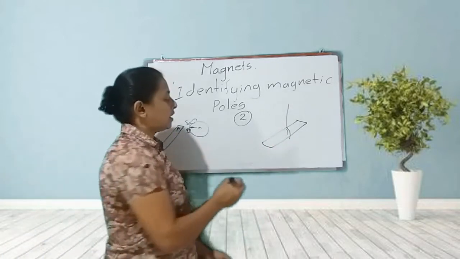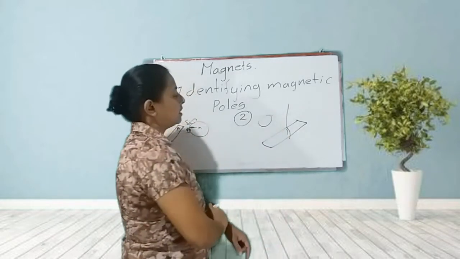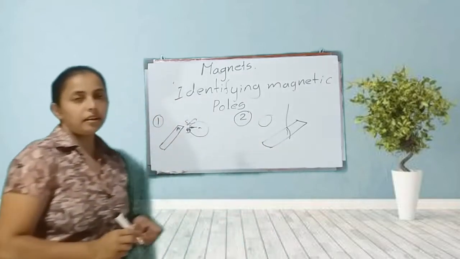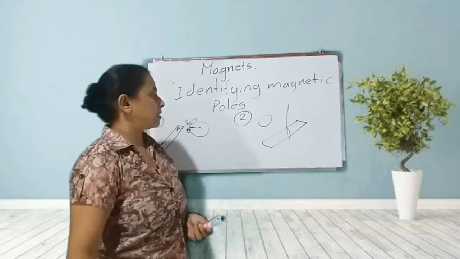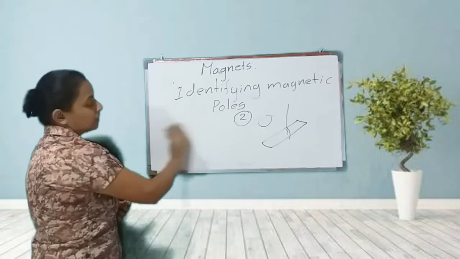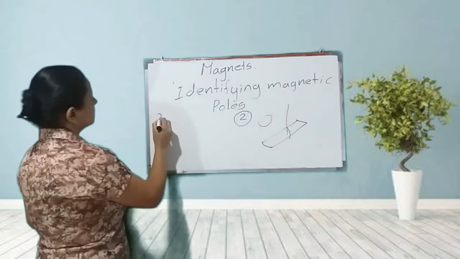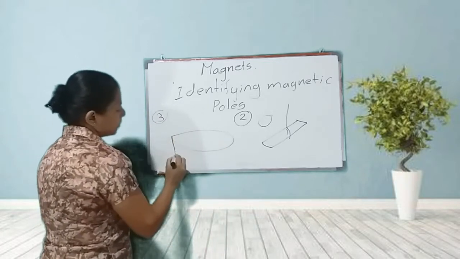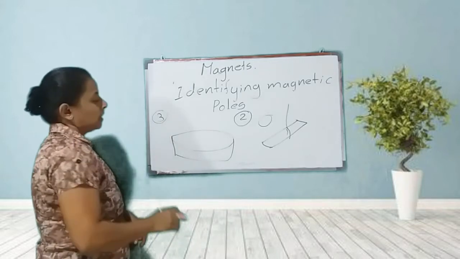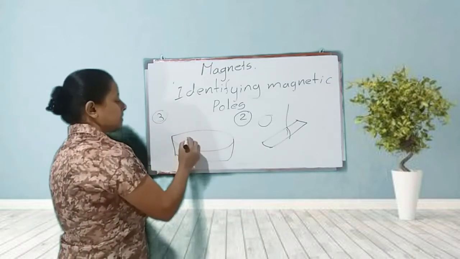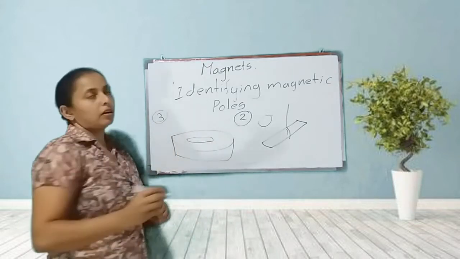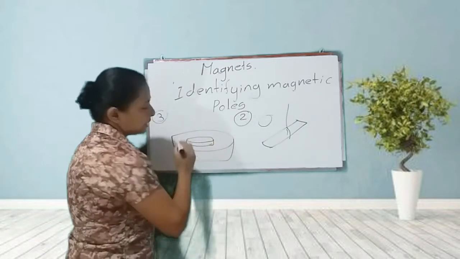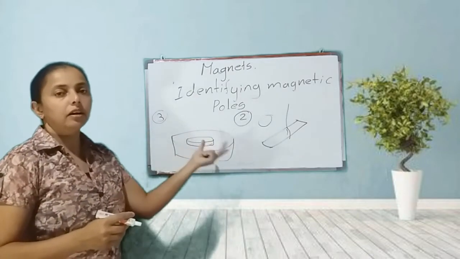We can identify using a compass which is N and which is S. Third one, we use a water basin and take a styrofoam or piece of cork sheet floating on the water.